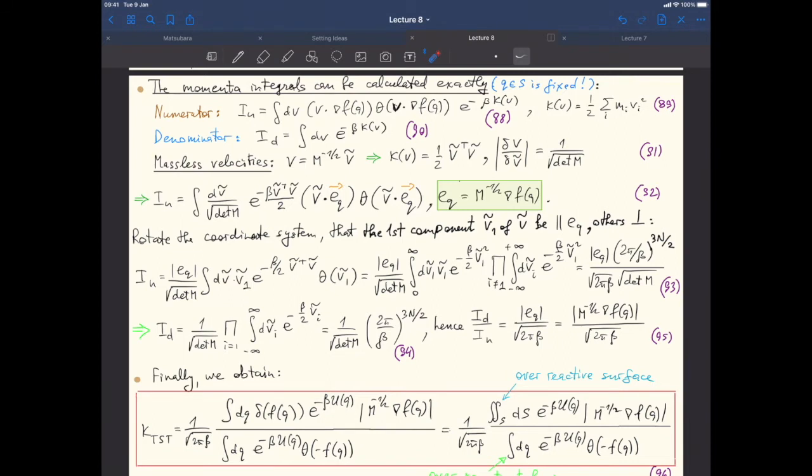The Jacobian of transformation between v and v tilde is simply 1 over the square root of the determinant of the matrix M, which is easy to calculate because the matrix M is the diagonal matrix of the masses.